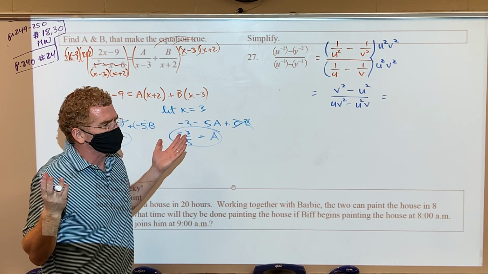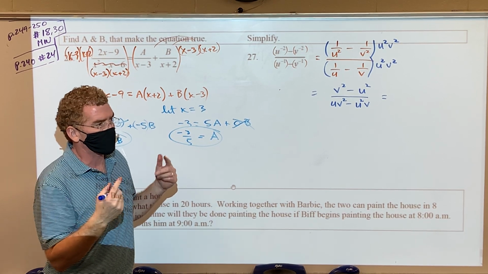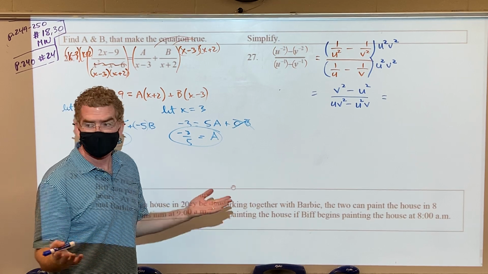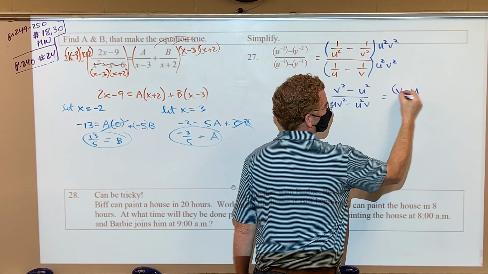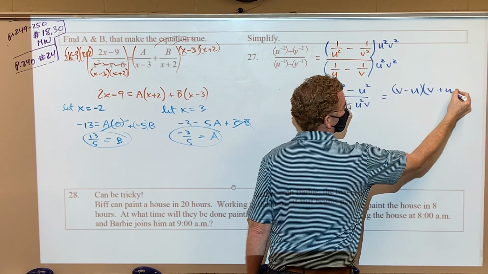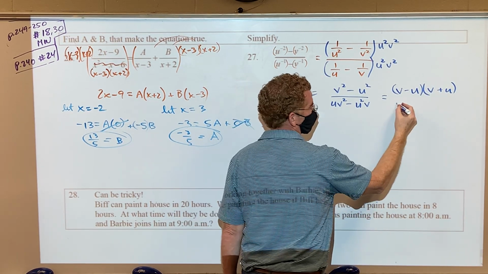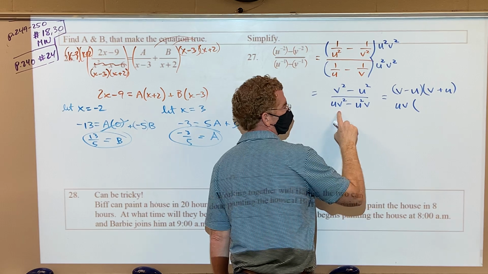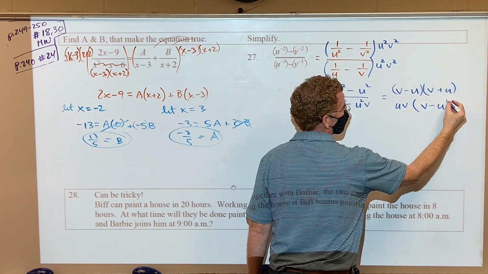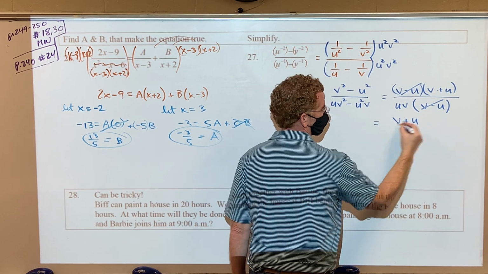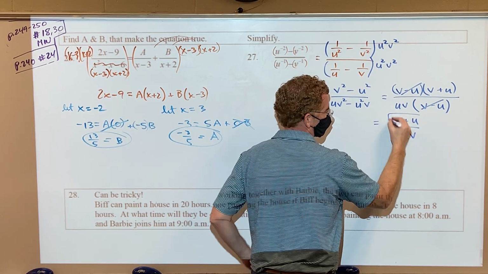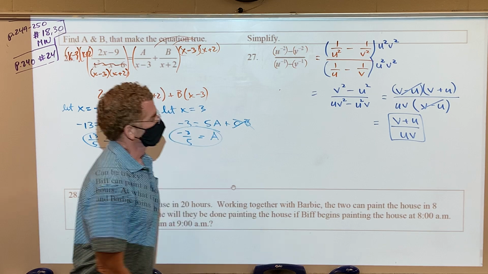I've done all the PEMDAS I can do, but maybe if I factor it, it might divide. Let's see. I can factor the top, v minus u, v plus u, and I can take a uv out of the bottom, leaving me a v minus u. Oh, that does actually help, doesn't it? So v plus u over uv. That would be the most simple I could do.